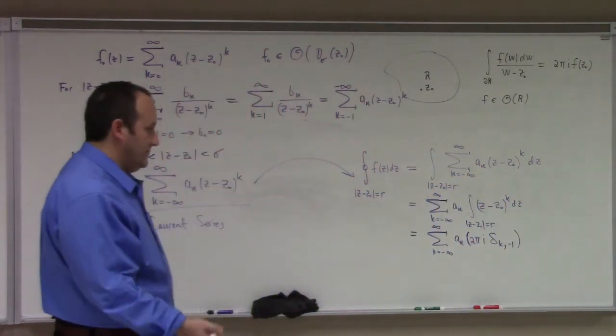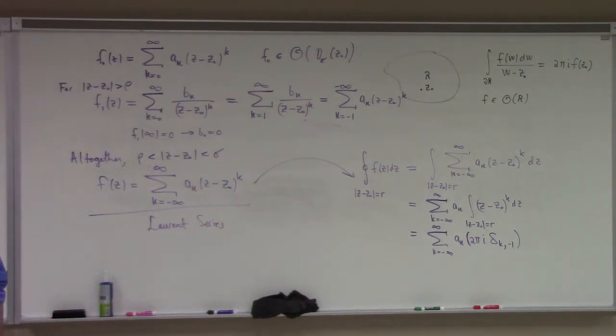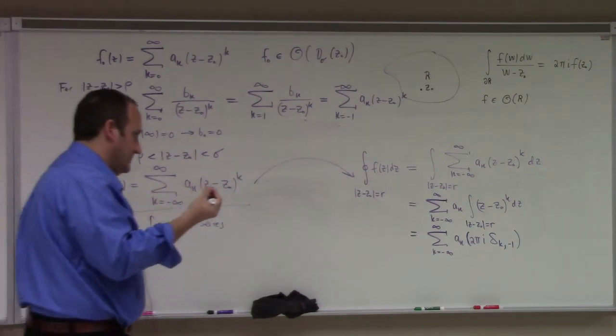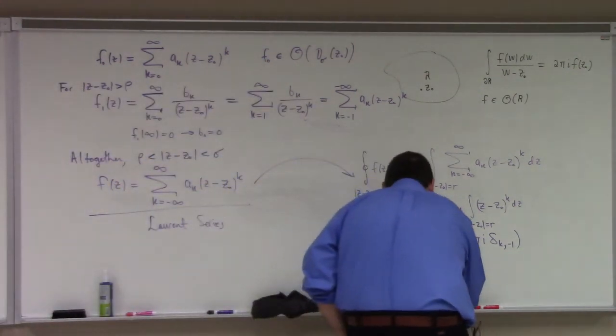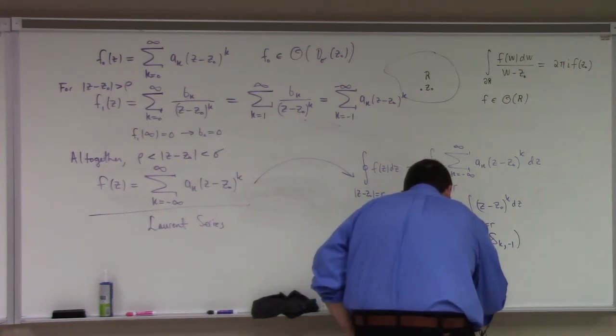When is it not? At k equals minus 1, in which case we get 2 pi i. And that means that that doubly infinite sum collapses down to just one term. In particular, 2 pi i a to the minus 1.